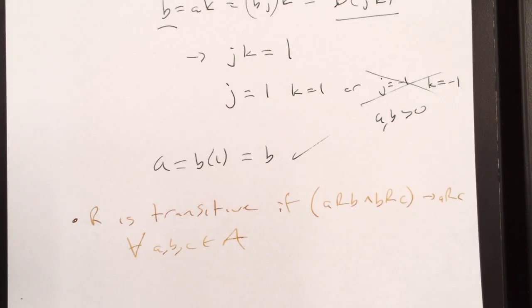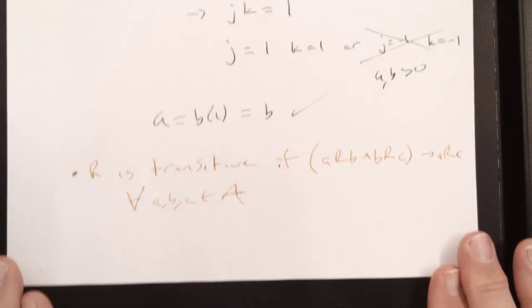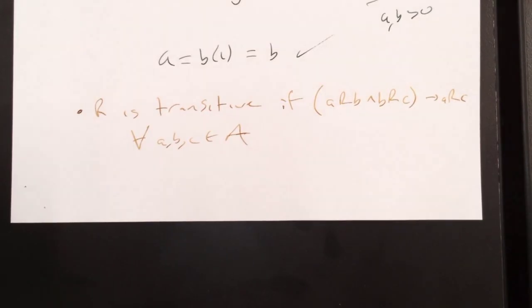A relation is transitive if A is related to B and B is related to C, then A is related to C. Again, I'm going to ask you, looking at our previous set of examples, which of them are transitive?